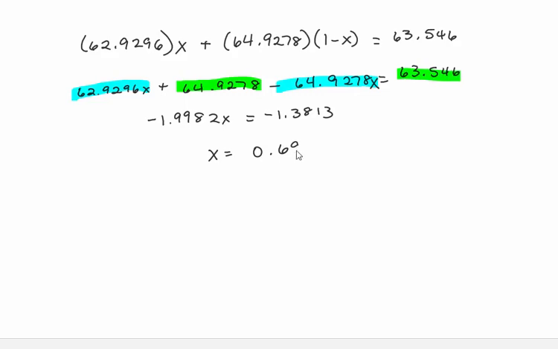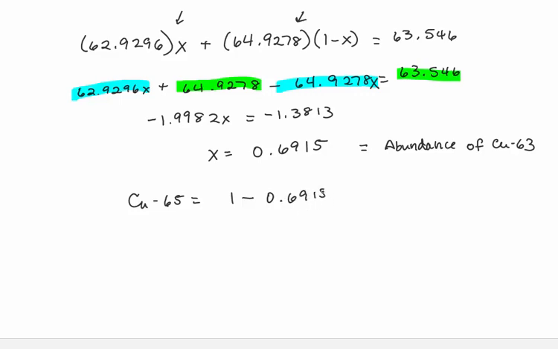That leaves me with an x of 0.6915. Now remember, we defined this as the abundance of copper 63. So the abundance of 63 plus the abundance of 65 is going to be equal to 1. That means the abundance of copper 65 is going to be 1 minus this value.